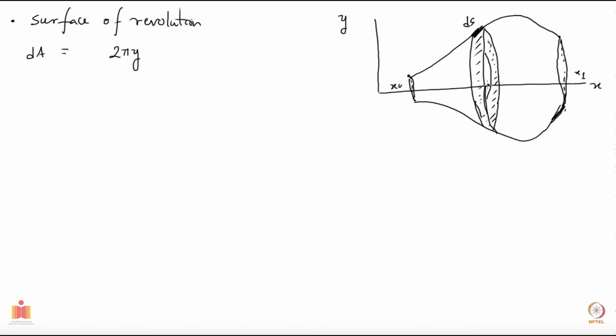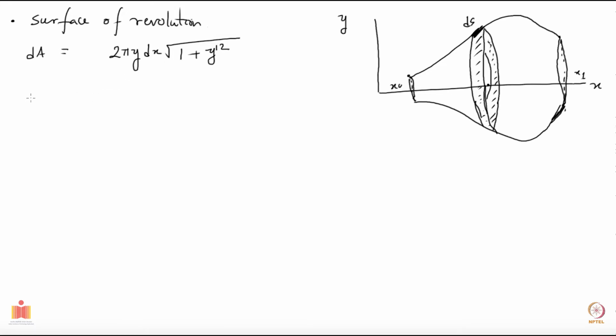So this is y direction. Okay, so the radius of the strip is y, so the area element is 2 pi y times ds, and we already know what ds is. Ds we found to be dx square root of 1 plus y prime square. Okay, that's what we saw in the previous example.